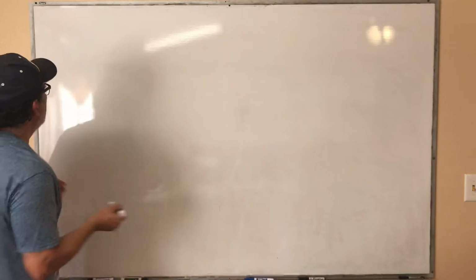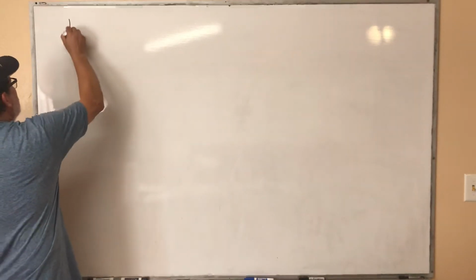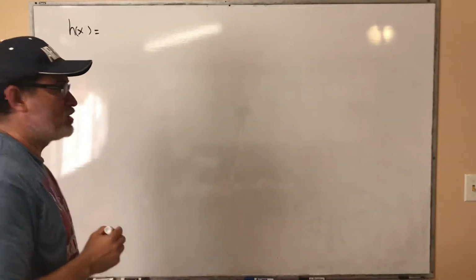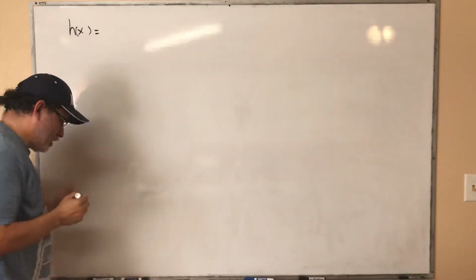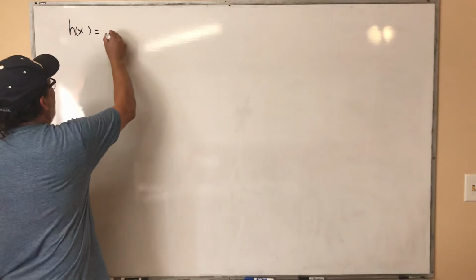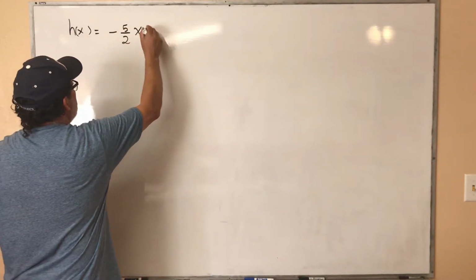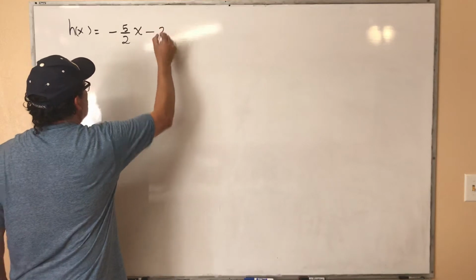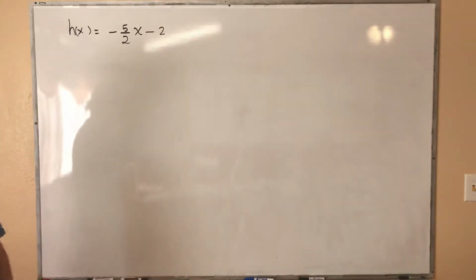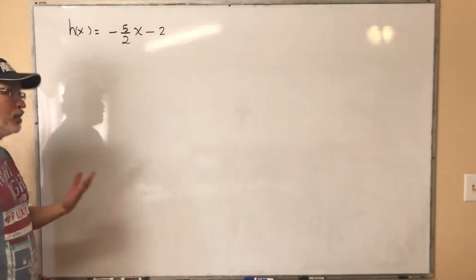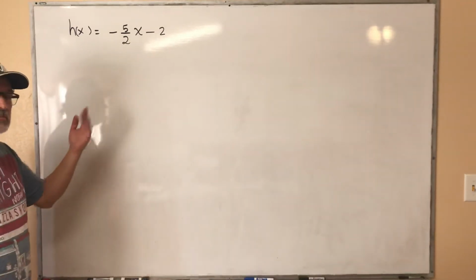So here we go. Everybody. So h of x equals, watch this, negative 5/2 x minus 2. Look, you can graph this.